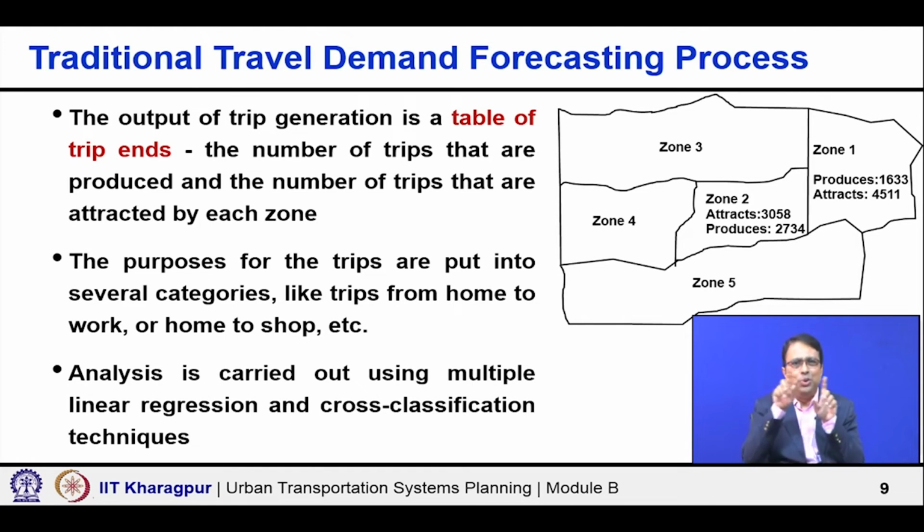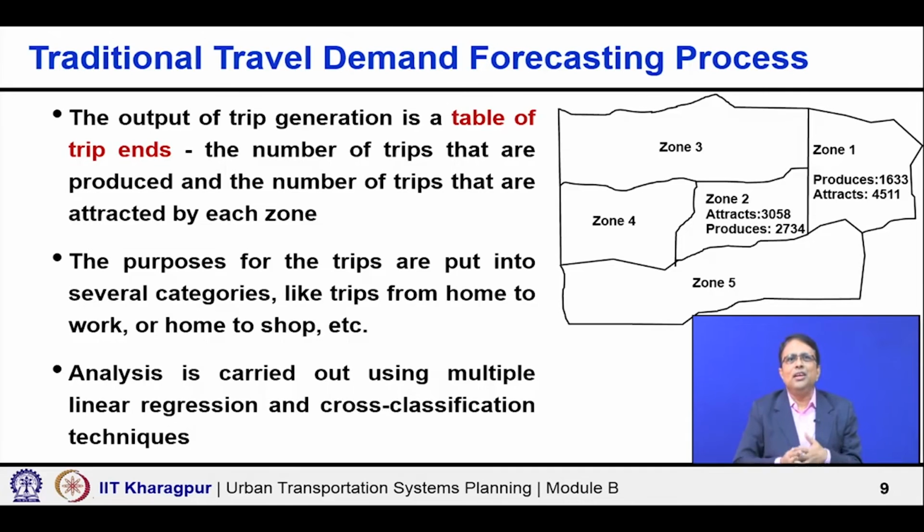Basically I do not know the inner cells, but I know the row total for every row and the column total for every column. So, if I have n number of zones, then the row total gives how much each of these zones is likely to produce and how much each of these zones is likely to attract. Those are the column totals.